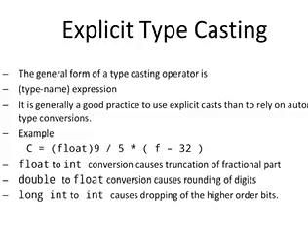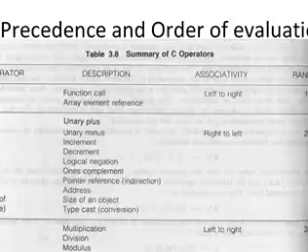Float to integer conversion causes truncation of the fractional part. Double to float conversion causes rounding of digits. Long integer to integer causes dropping of the higher order bits. So always the general form of a typecasting operator is first type name and then expression.